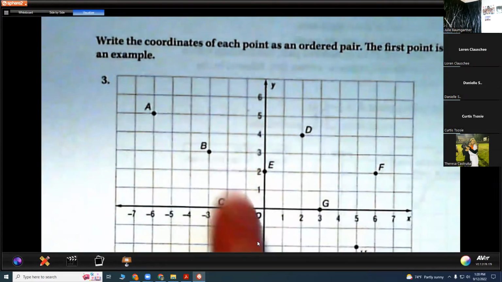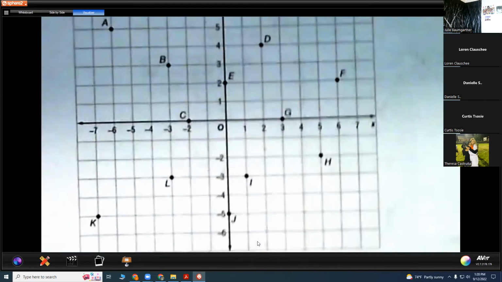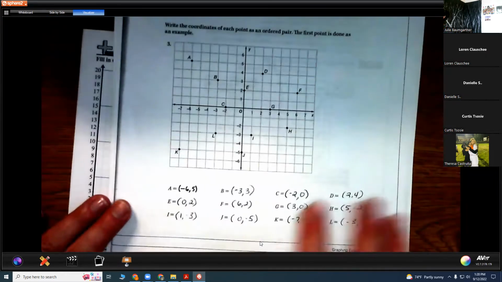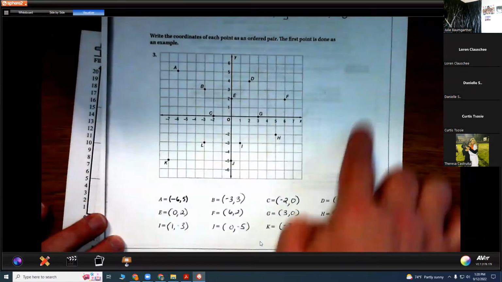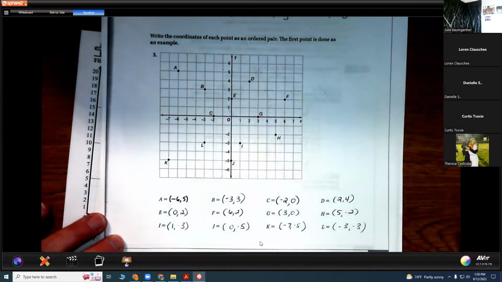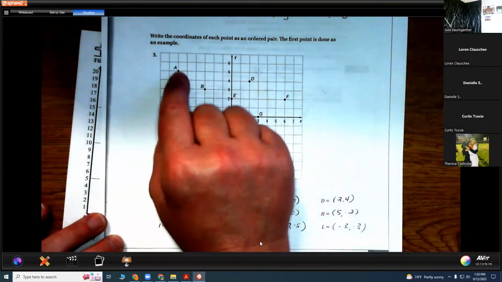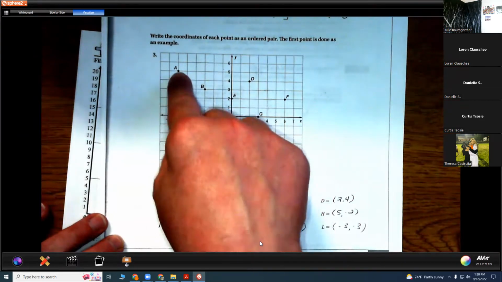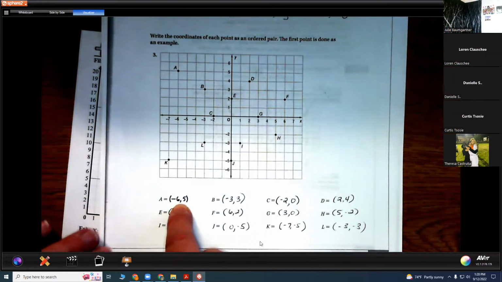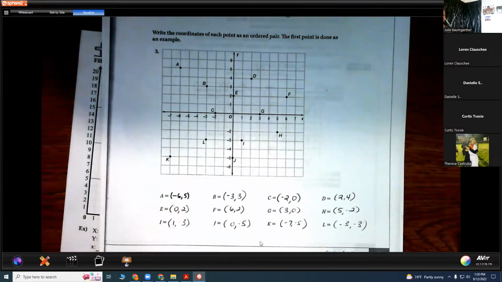Hopefully everyone's feeling good about that. Looks like you guys got through that piece. Let me know, does everyone feel good? Oh, good, thanks, Mary. So does everyone feel good about, if I gave you a point on the grid, that you could write the ordered pair? Does everyone feel okay about that?